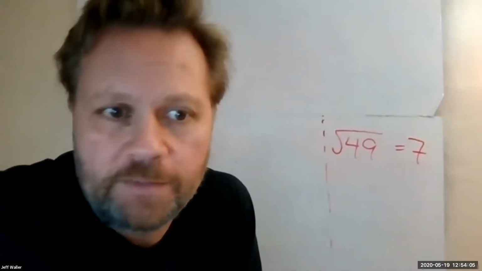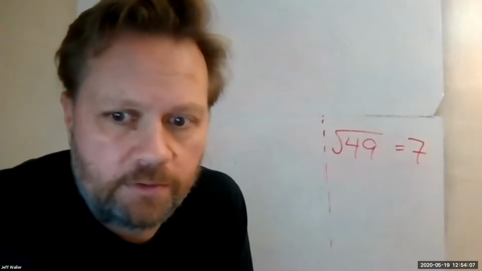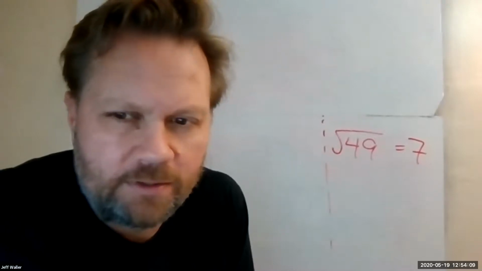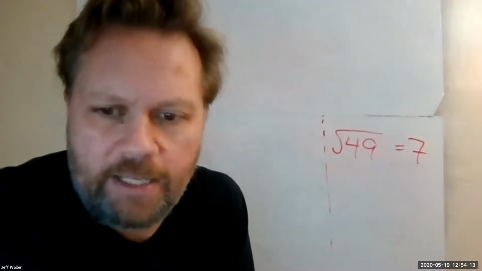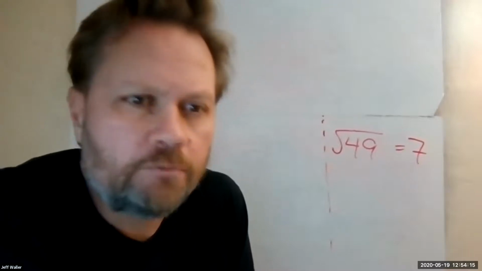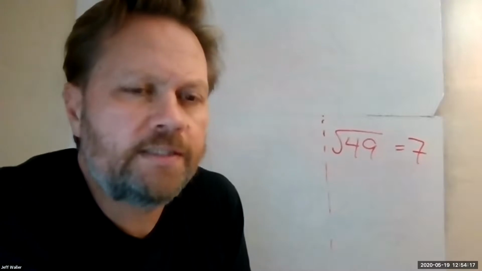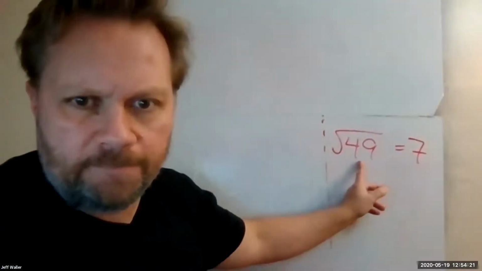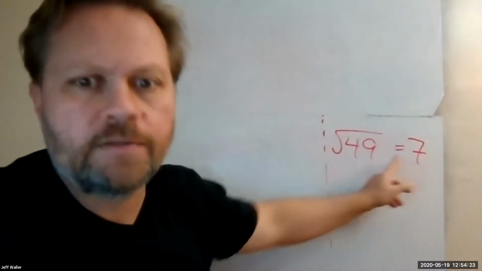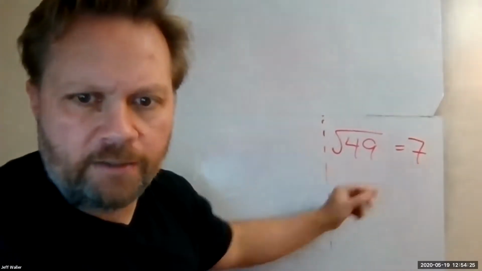Why? Because my calculator said so. Stop it. Because 7 squared equals 49. I like it, right? That's what the square root asks you: what does it take 2 of to multiply to be the number inside? It takes 2 7s to multiply to be 49.